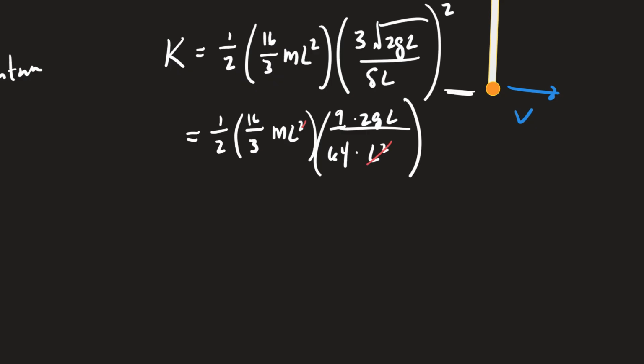L squared and L squared cancels. This 2 and this 2 cancels. 16 and 64 can be reduced to just a 4. 3 and the 9 can reduce to a 3. All right. So let's see what I got. There's nothing in the denominator anymore except for the 4. So this is 3/4 mgL.